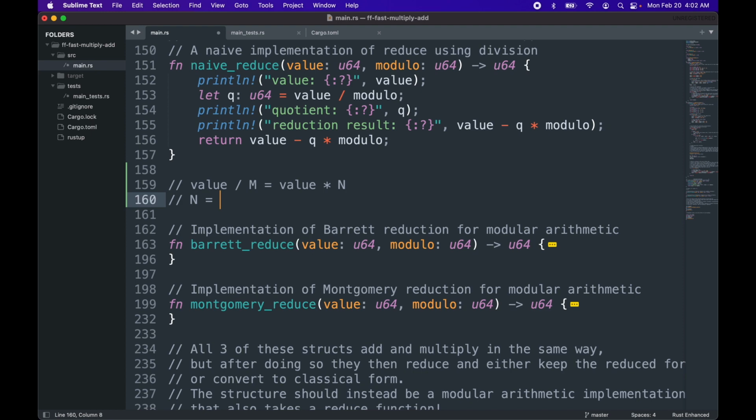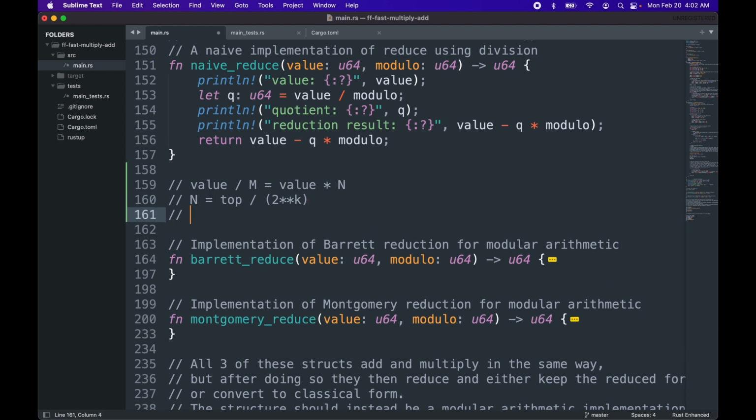So it's some value on top, and then some power of 2 on the bottom, right? Because dividing by a power of 2 just means right shifting, and that's pretty cheap. But how do we figure out what is on the top? To get that information, we need to, regrettably, do some division.